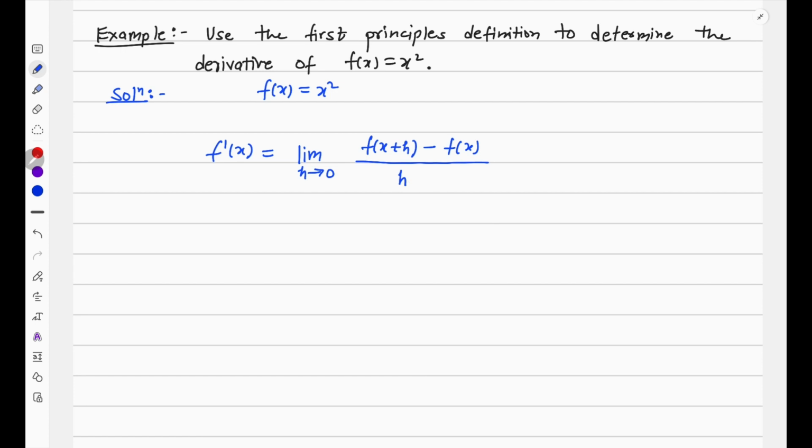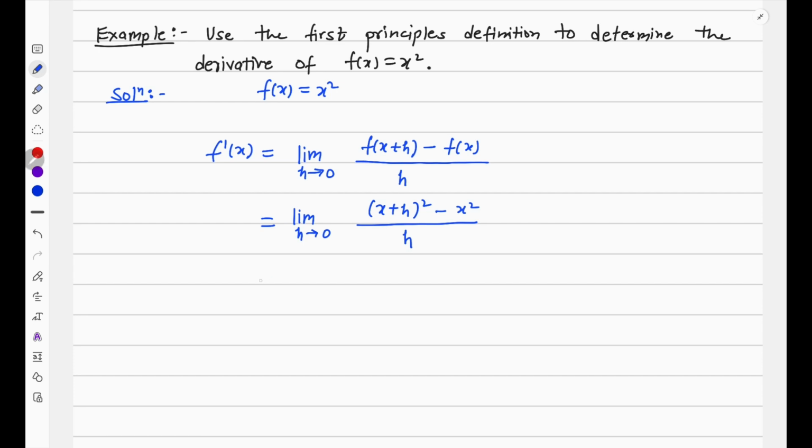So here we are substituting the values in the function. So we have the limit as h approaches 0 of ((x + h) square minus x square) over h, as we substituted x plus h into the function and f(x) into the function.